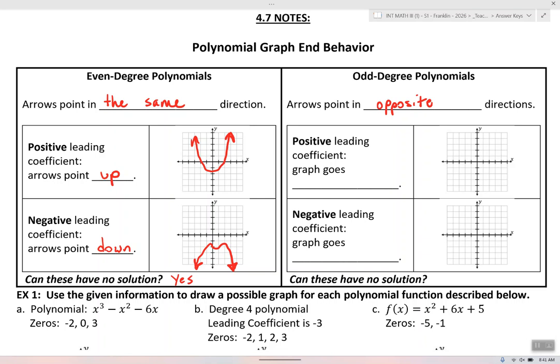For odd degree polynomials, if we have a positive leading coefficient, the graph goes up to the right. Think of a positive slope for a y equals mx plus b linear function. So it might be something like this, up to the right. And for a negative leading coefficient, the graph goes down to the right.